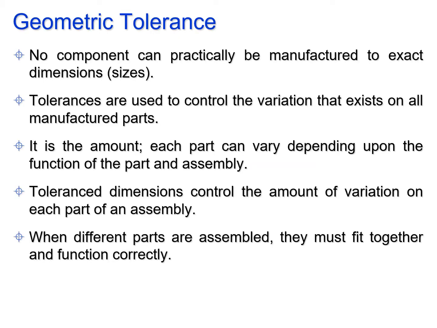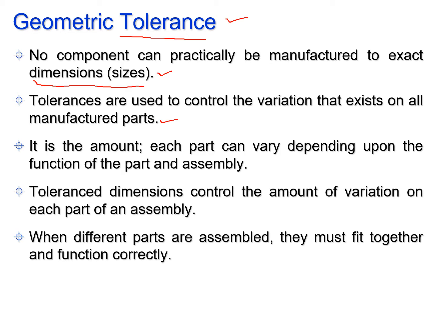So geometric tolerance, what is geometric tolerance? As we already discussed this term tolerance, we established that no part can be practically manufactured to the exact dimensions. This is what it says right here. And tolerances are used to control the variations on the manufactured part. It is the amount each part can vary depending upon the function of the part and assembly.